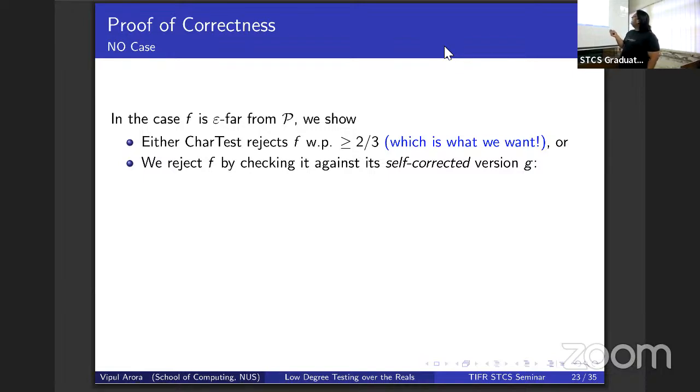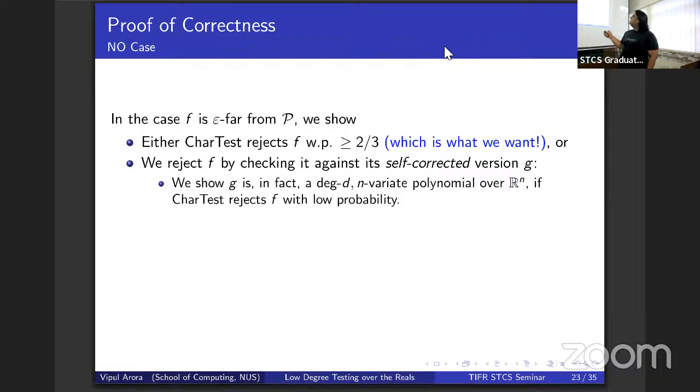Now notice that if the characterization test rejected f with probability smaller than 2/3, from the previous slides we had that g is a well-defined function. The self-corrected function is a well-defined function, and we show that it's in fact a degree d n-variate polynomial over R^n.